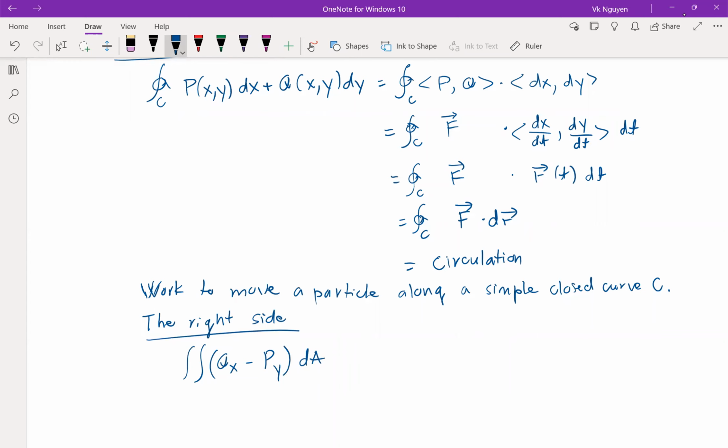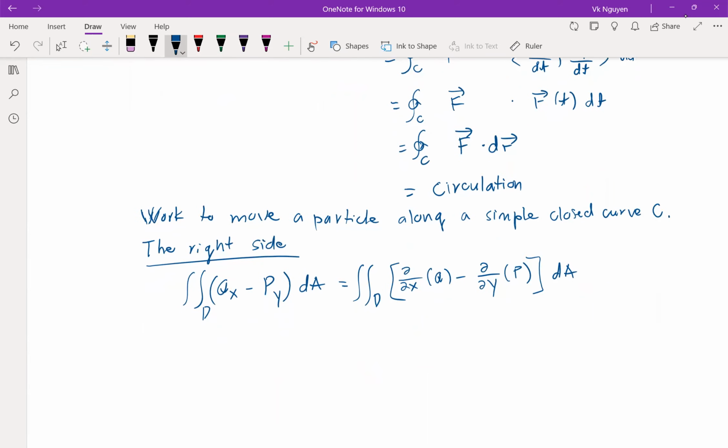It looks like we are summing a bunch of Qx minus Py over the region D. But then you can do a little bit more here, so you can see exactly what we are summing. Qx is the partial derivative with respect to x of Q, minus the partial derivative with respect to y of P, dA.